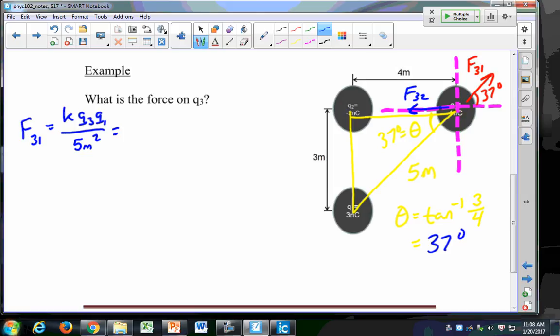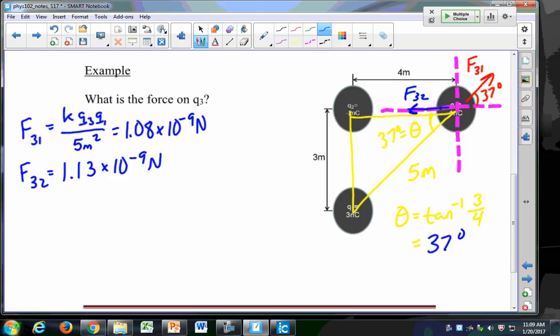I get 1.08 times 10 to the minus 9 newtons for F31. And then in a similar way, F32 is equal to 1.13 times 10 to the minus 9. I have plugged in K and the various values for Q. These are nanocoulombs now, so it's minus 9.